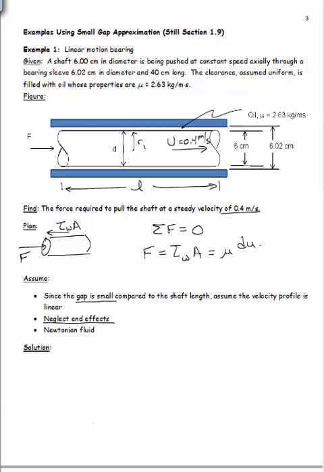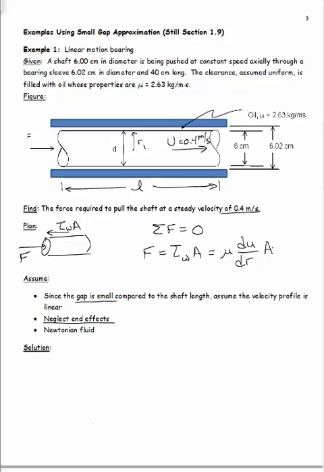Here we could draw this as being a y, but it's actually, with cylindrical coordinates, an r. So every time you're going out towards us, out of the page, you're going in the r direction. That's okay, it still works with cylindrical coordinates, du dr, as long as your velocity is only in that one direction. All right, times A then. So that was our tau wall, and then there's our area where it's acting.